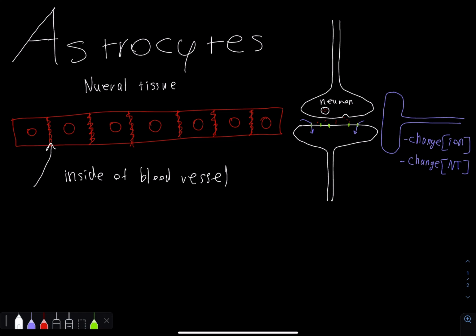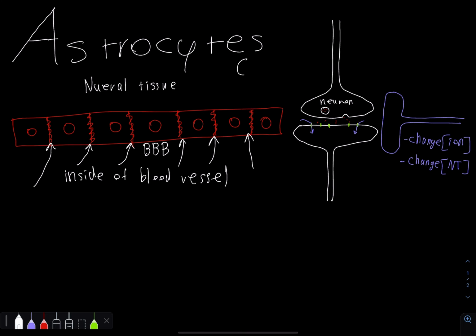And this is called the blood-brain barrier. Blood-brain barrier, BBB, right? So the blood-brain barrier is going to be formed by these tight junctions of astrocytes. So chemicals that we don't want in the central nervous system are not going to get in here. Like bacteria wouldn't get in here. Molecules that would interfere with neural tissue, because neural tissue is very delicate. You don't want to disrupt the chemical environment in there.